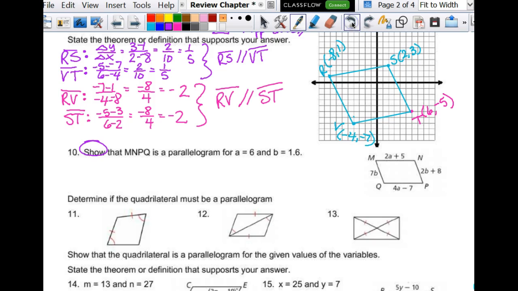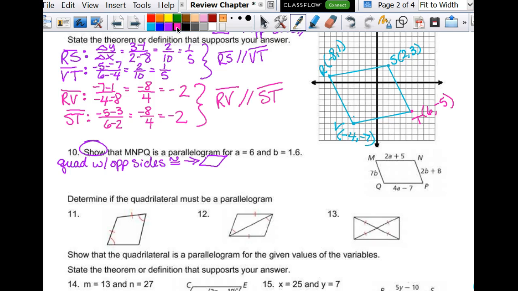I start with: if a quadrilateral has opposite sides congruent, then it's a parallelogram. That's what I'm trying to show. So I can't start by saying if it's a parallelogram, then the opposite sides are congruent. It doesn't work that way.